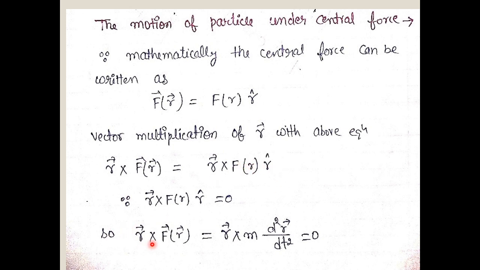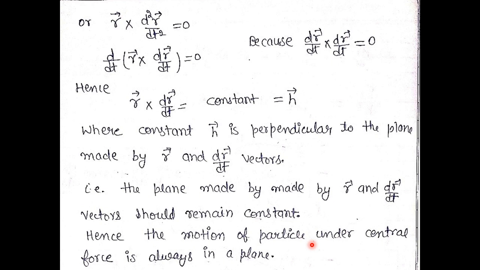So we can write r cross F equals 0, and as we know F equals ma, we can write r cross m d2r upon dt2 equals 0, or r cross d2r upon dt2 equals 0.